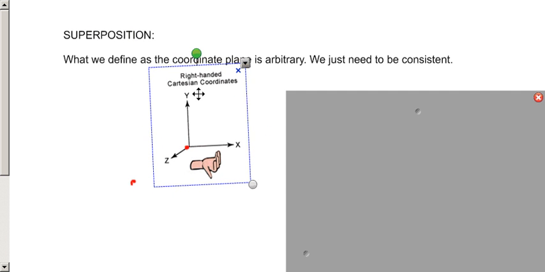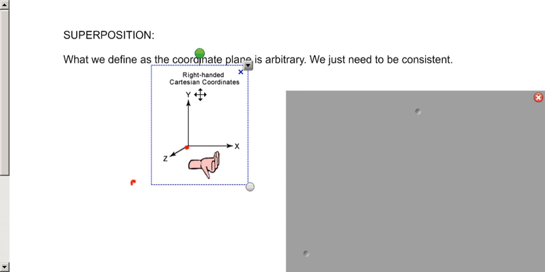What's critical, though, is that we just need to be consistent. As soon as you start a problem, if I'm calling this y and that x and that z, and I'm calling this here the origin at the beginning of the problem, then that needs to be the coordinate system throughout the whole problem, or else we'll get into some sloppy trouble.